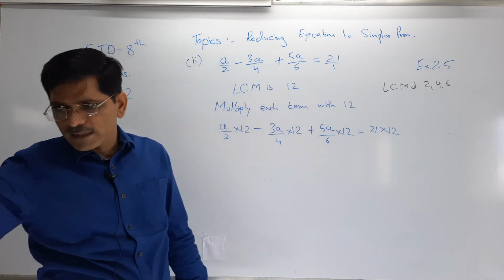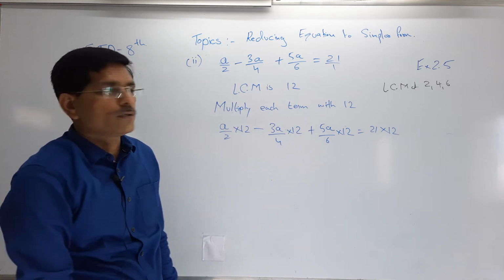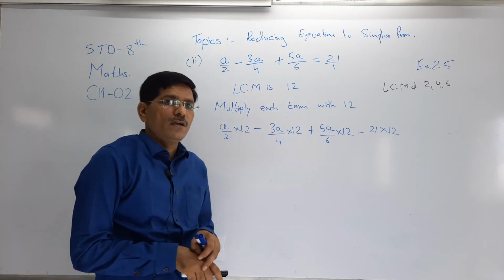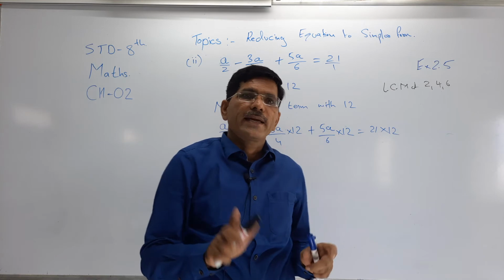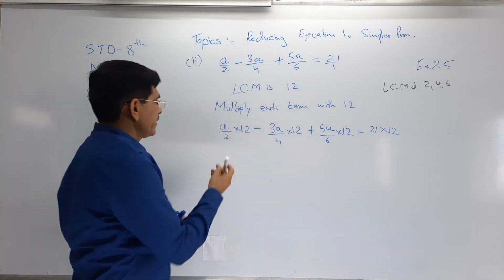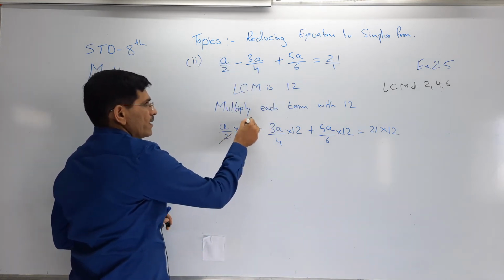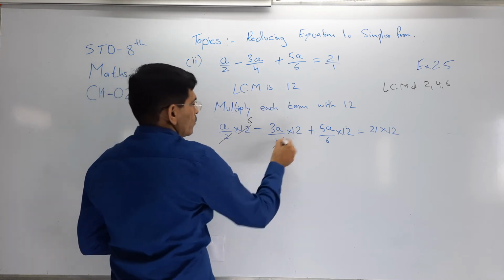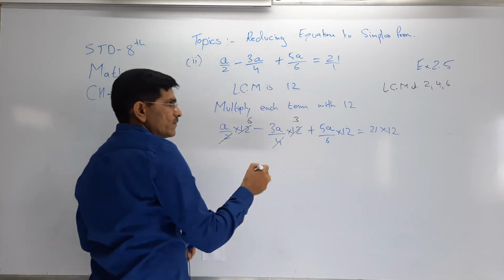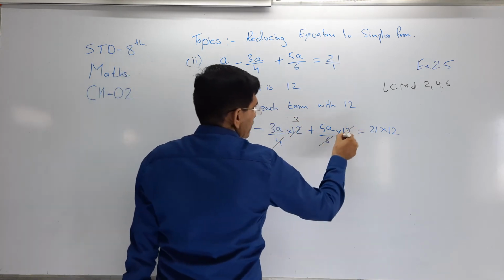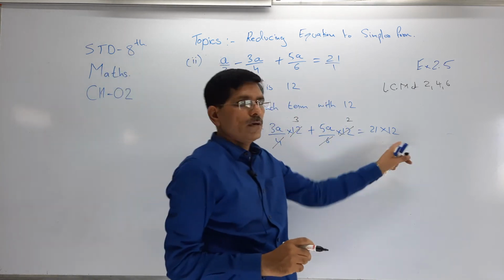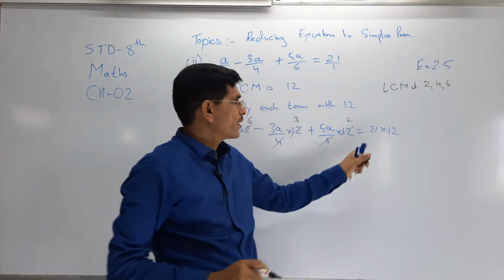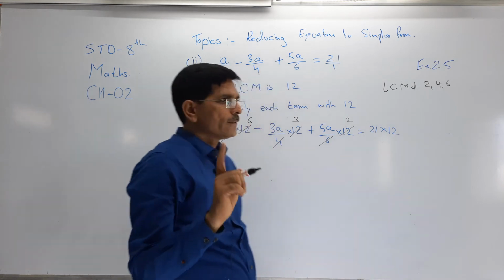Now you will see what we have to do. First of all, when we simplify, what is the first step? We have to make cancellation. So here 6, here 4 3s are 12, here 2, and here there is no cancellation because the denominator is 1.